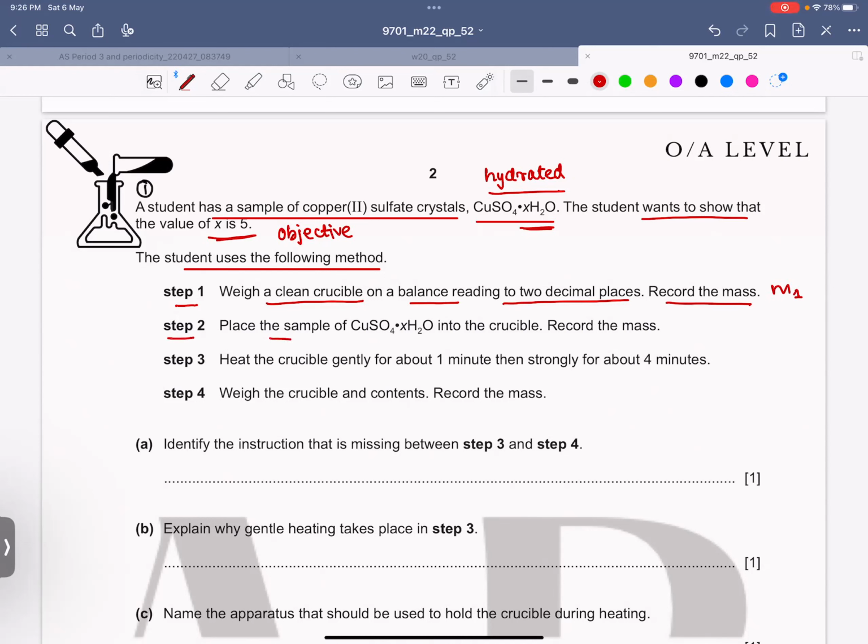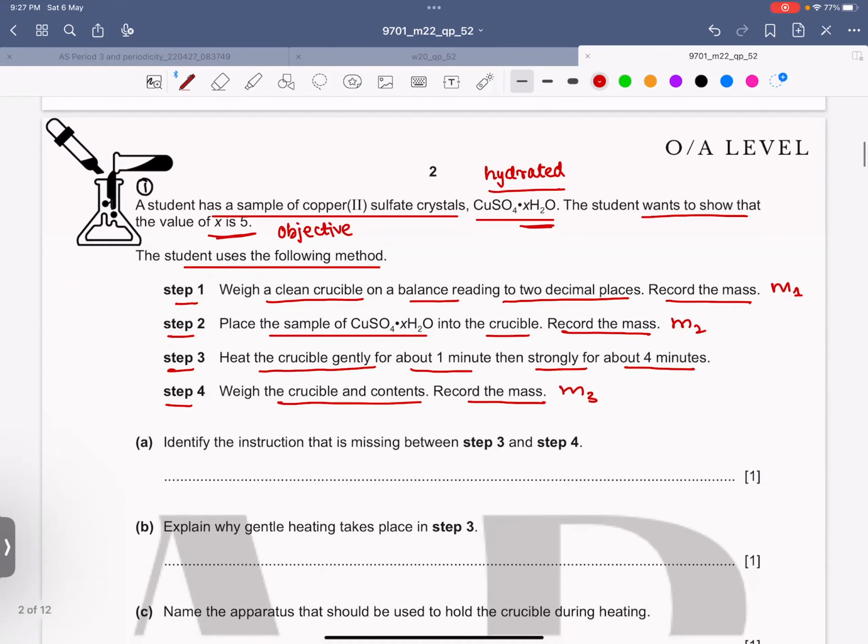Step 2, place the sample of hydrated copper sulfate crystals into the crucible and record the mass. In step 3, heat the crucible gently for about 1 minute, then strongly for about 4 minutes. In step 4, weigh the crucible and contents and record the mass. So we have recorded 3 masses over here.